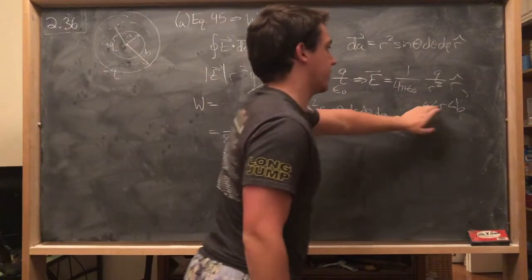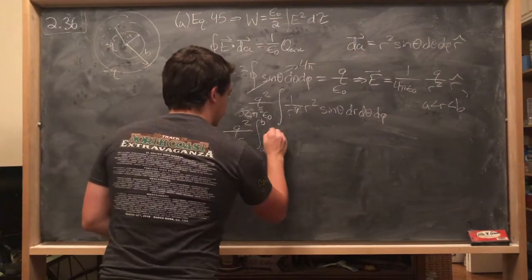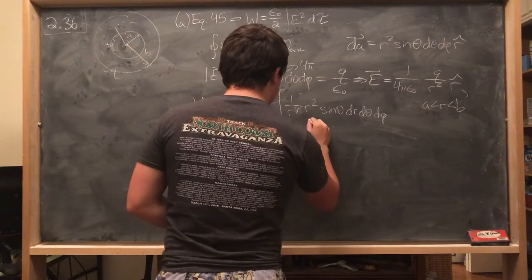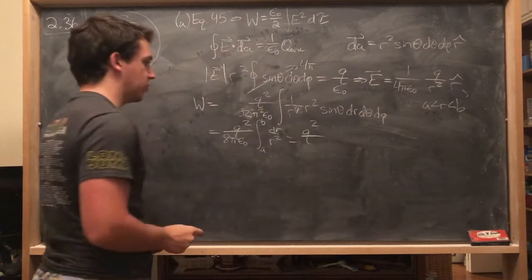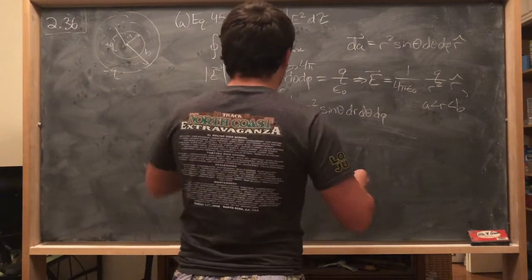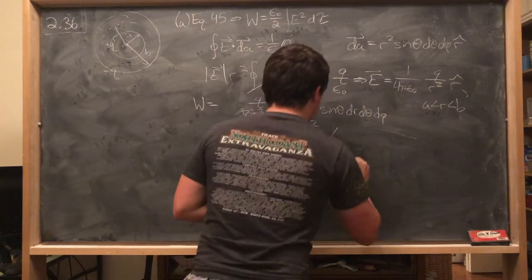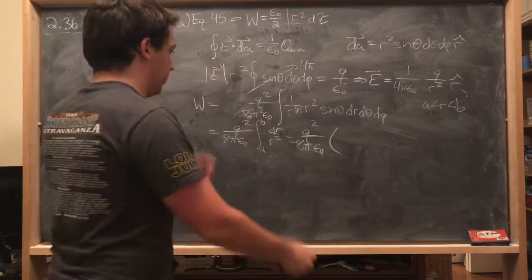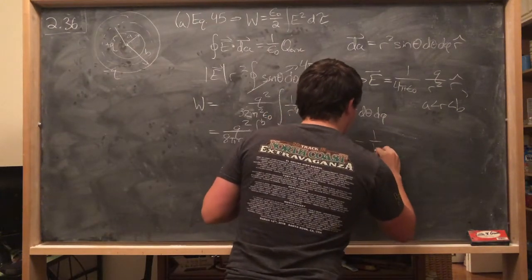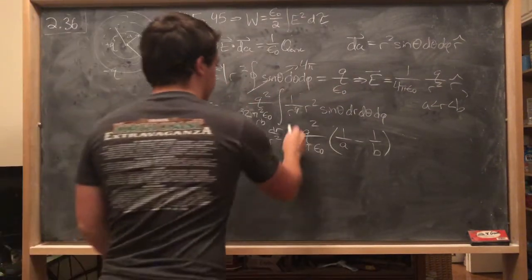So 0 for R less than A, or 0 for R greater than B. The antiderivative of 1 over r squared is just -1 over r. So we can bring the negative out to switch the limits of integration, and we'd have 1 over A minus 1 over B. So that's our work.